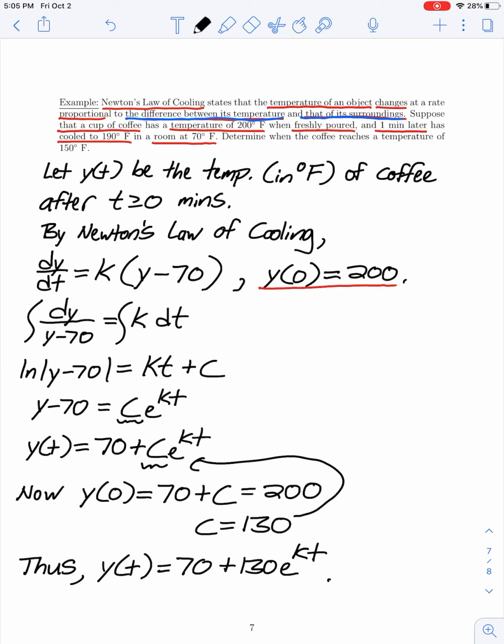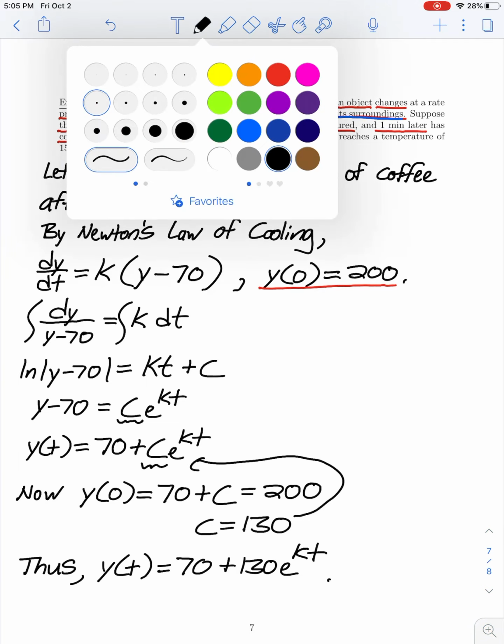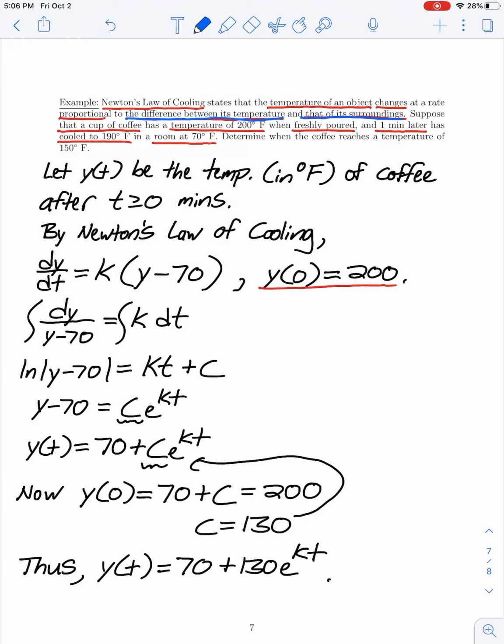Now, in the problem, we were asked at what time will the temperature of this coffee be 150 degrees. So to find that, we would take this expression that we just found for the temperature and set it equal to 150 and solve for time. However, there's one value which is still unknown.